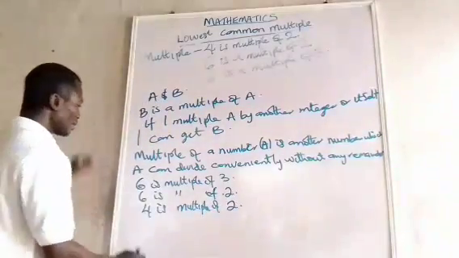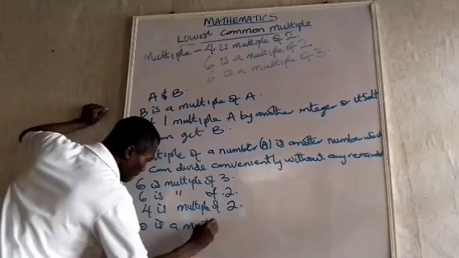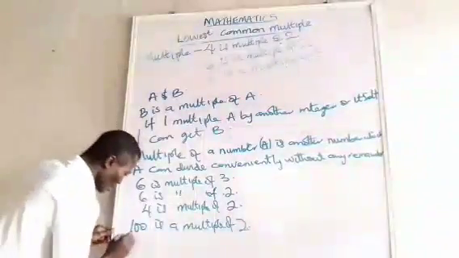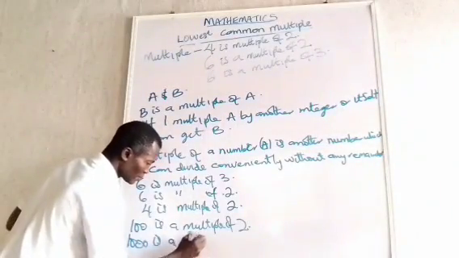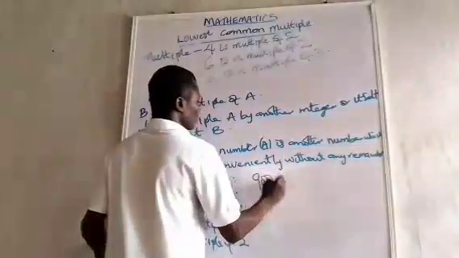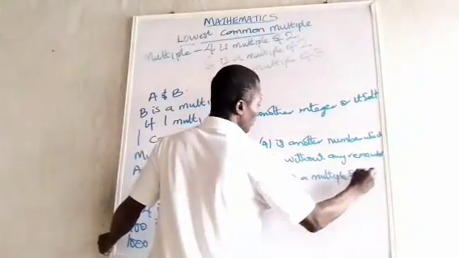At the same time, you can say that 100 is a multiple of 2 because 2 can divide 100 conveniently. 1000 is a multiple of 2. 9000 is a multiple of 3.